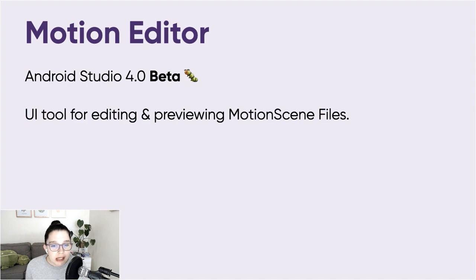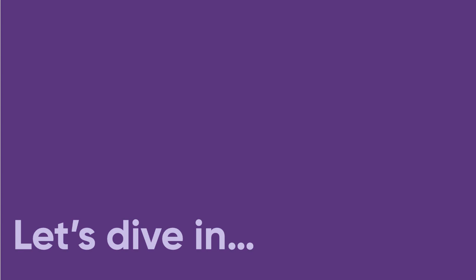But I believe it is important to understand and know that XML, because at some point you're probably going to run into a bug, and you probably want to edit this XML and know what you're doing, and merely use the editor to create and adjust things a little bit easier and preview your animations. So it's still important to know how the editor works and how the XML works, but let's look at how we can use this editor and make things really great within Android Studio itself. So let's dive in.